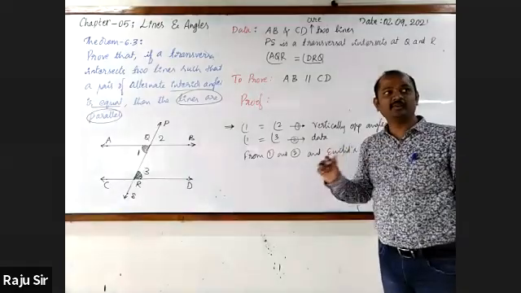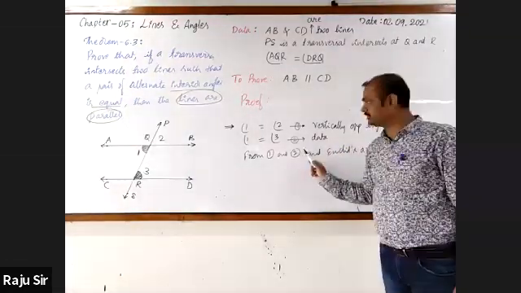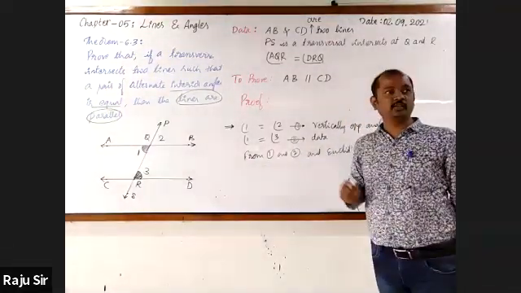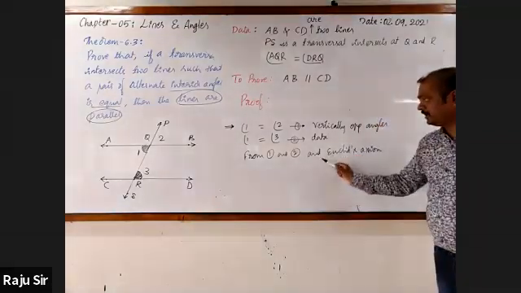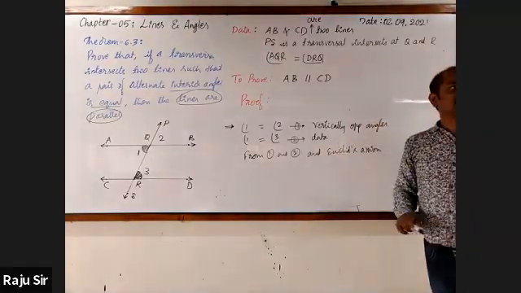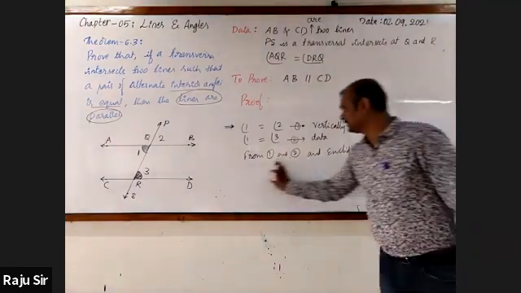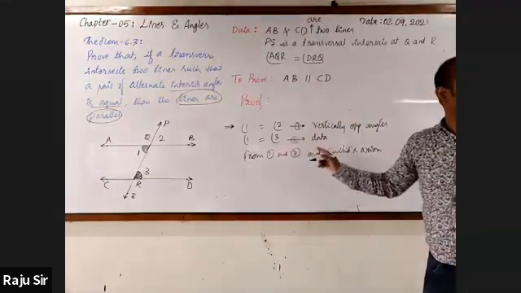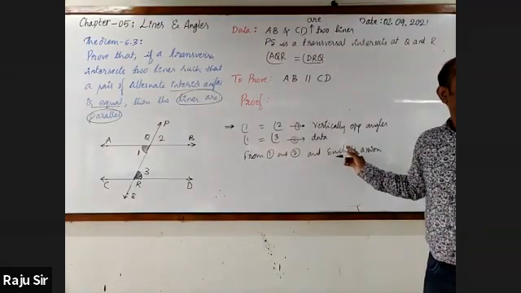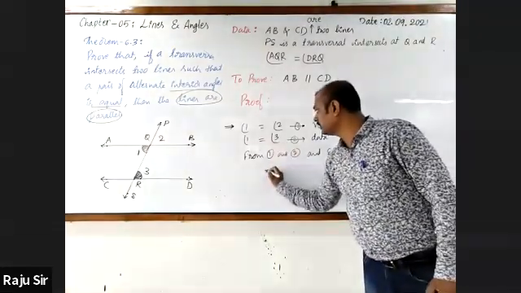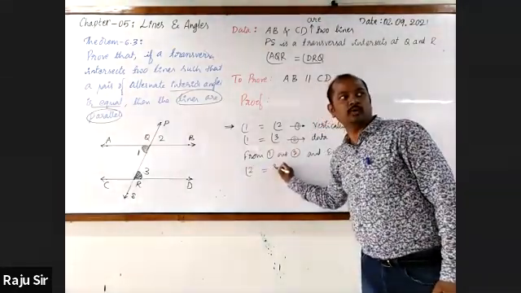Yes, there are two parts: from 1 and 2, and Euclid's axiom, so they are connected and can be used. From 1 and 2 and Euclid's axiom, you can write angle 2 equals angle 3.